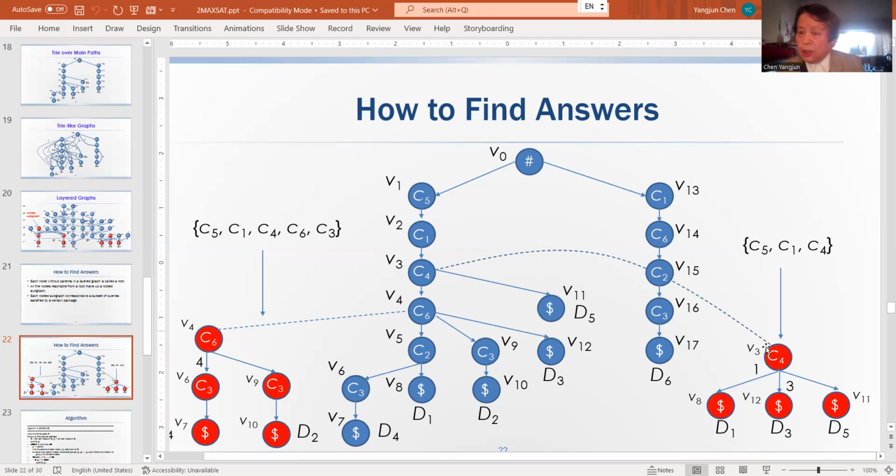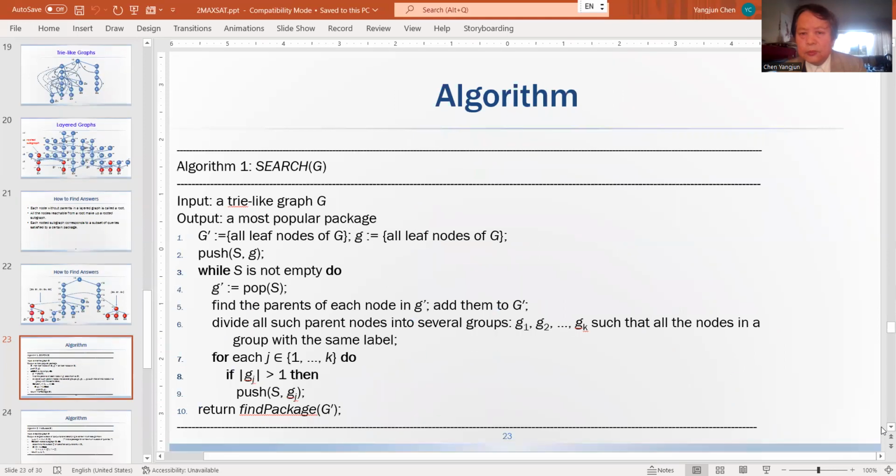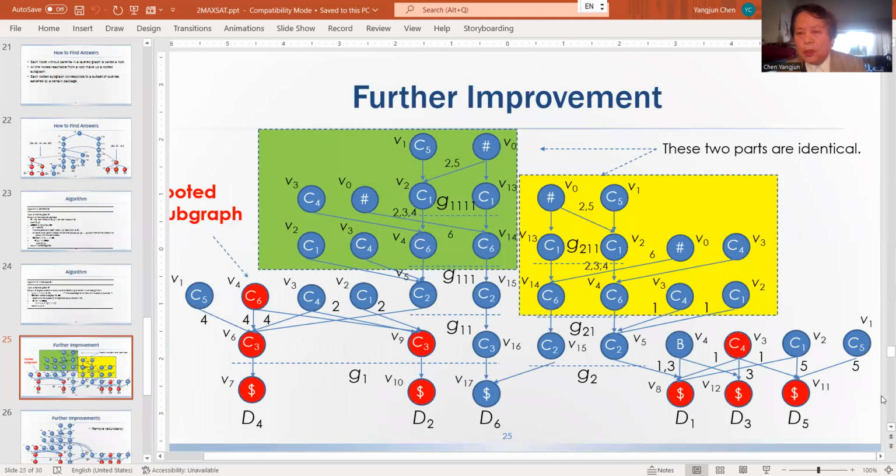Let's take another example. By this rooted subgraph, we identify another subset of conjunctions, which can be satisfied by the same truth assignment represented by this set of variables. This working process can be greatly improved.